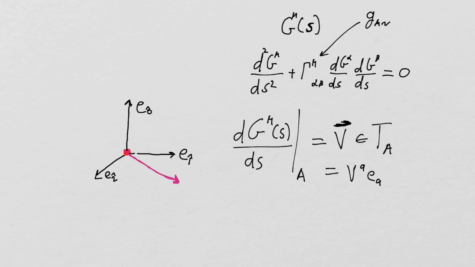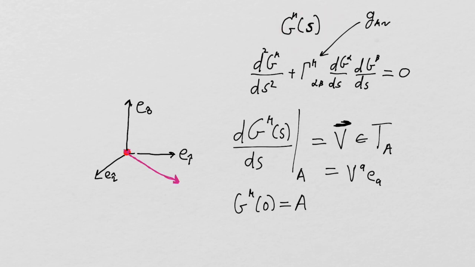The other thing I know for the initial condition is that gamma^mu of 0 equals Alice's point A. So that's enough to fully define this curve with these two initial conditions in this second order differential equation.